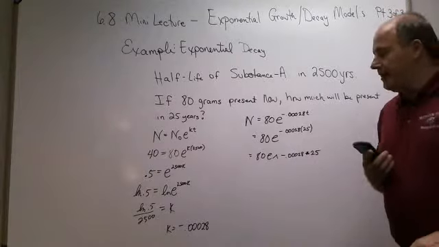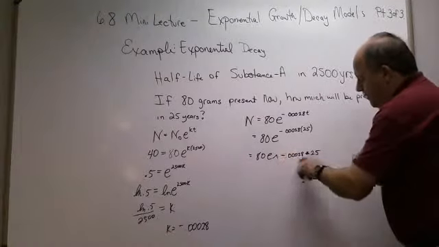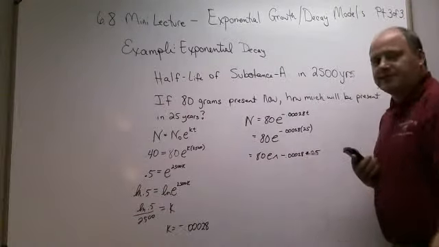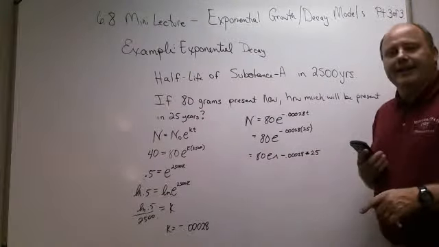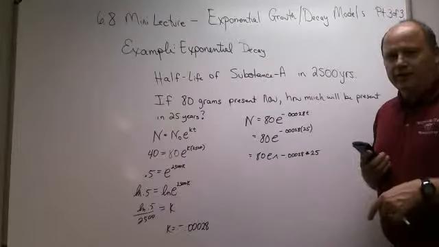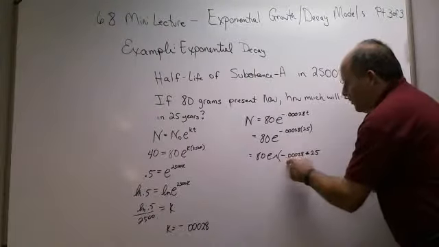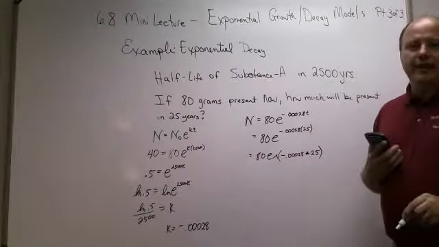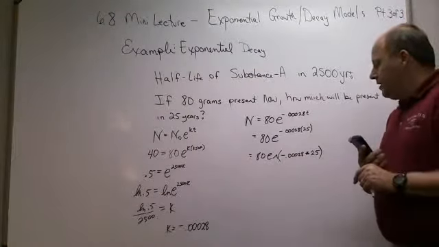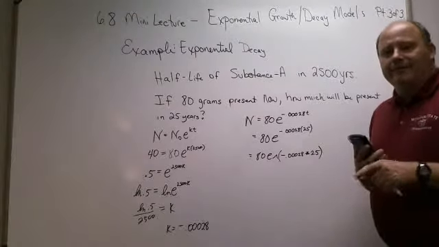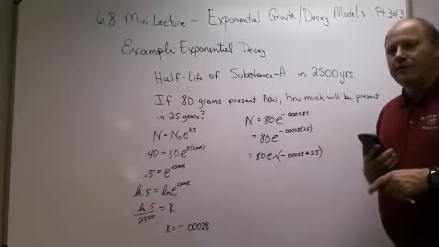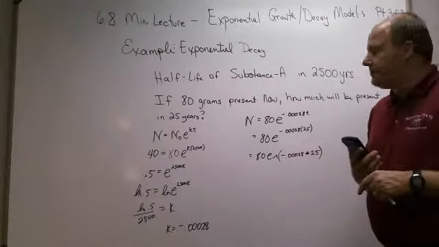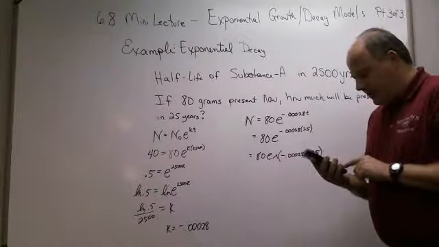But if you don't put parentheses around that, the calculator is going to take e to the power of negative 0.00028, multiply that by 80, then at the very end multiply by 25, and you don't want to do that. You want the decimal negative 0.00028 to be multiplied by the 25. So the parentheses have to surround that. That's very important. But like I said, most calculators have learned to do that. If you have an older model that doesn't put the parentheses there, you've got to remember to put them there yourself. So let me put that in there.